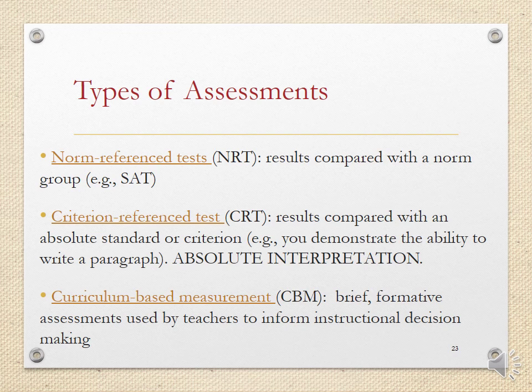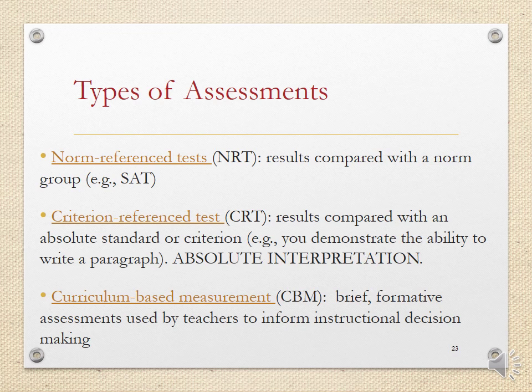But we have these sort of norm reference where we're comparing people against some sort of average group of people. We have criterion reference where we're saying, hey, this is the benchmark standard. If you don't get this question correct, that means that you can't go on.